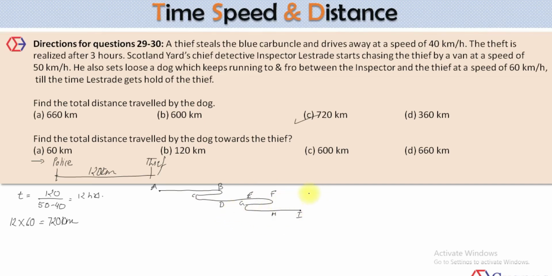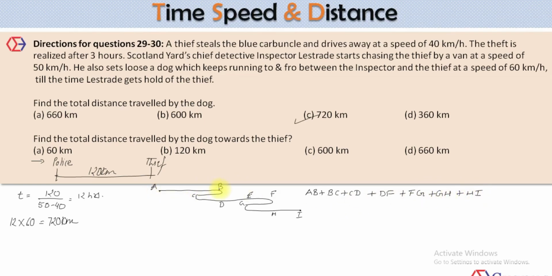So what's the total distance traveled by the dog? I'll say AB plus BC plus CD plus DG, or I'll take it equal to DF. AB plus BC plus CD, then DF, then plus FG, plus GH plus HI.